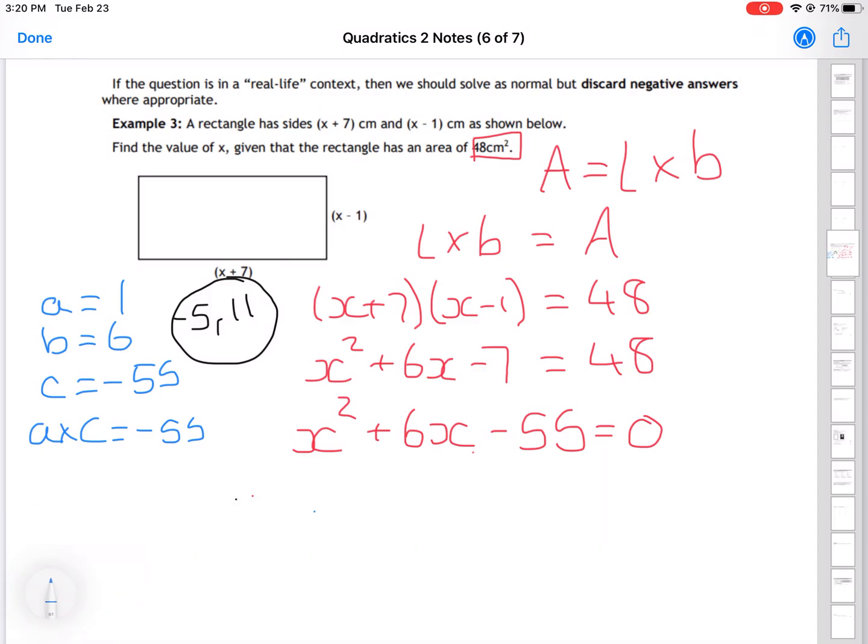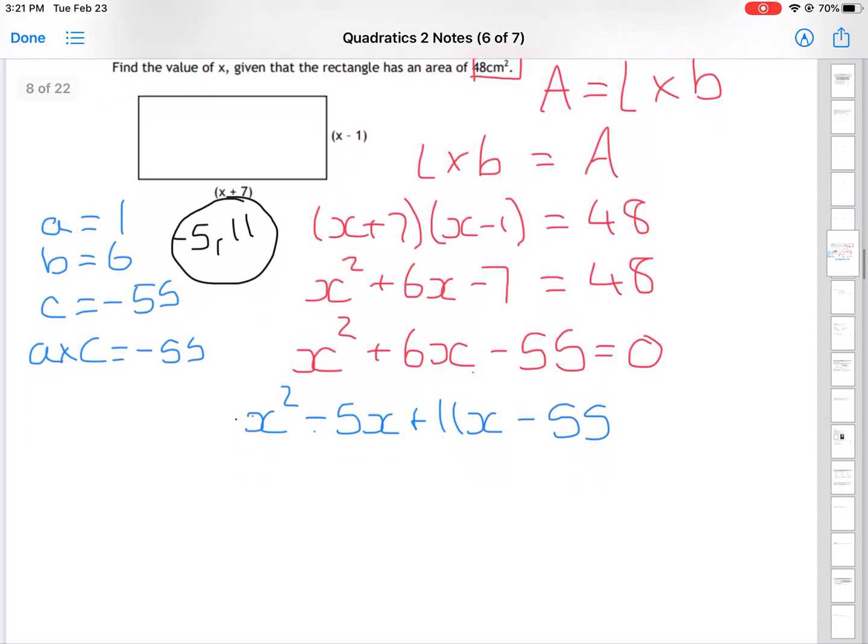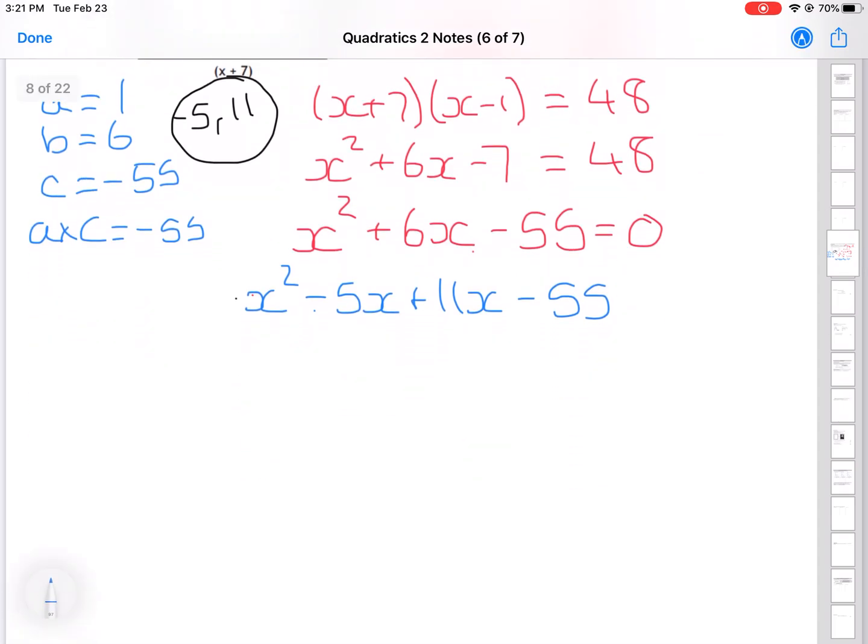So let's try and put these into context then. So x squared will make that minus 5x plus 11x minus 55. We then take out a common factor as before of the first two terms, which is x. That leaves x minus 5. Keep the plus. Take out a common factor of 11, which leaves x minus 5.